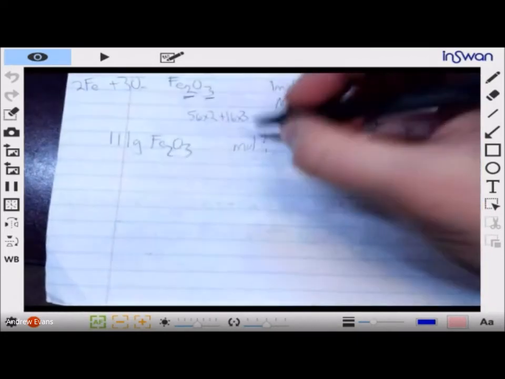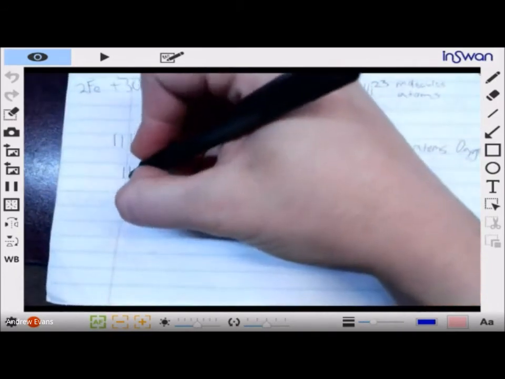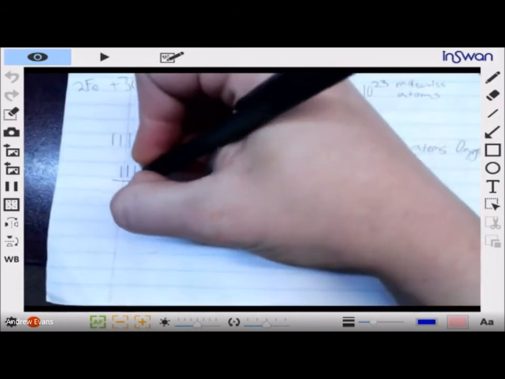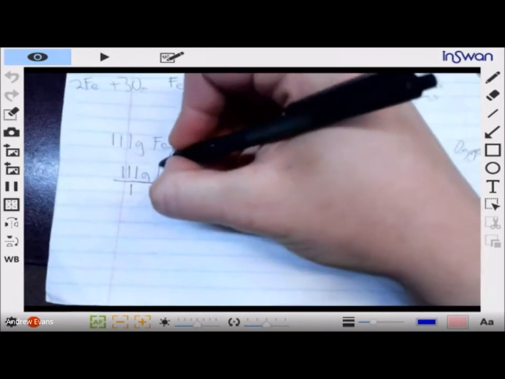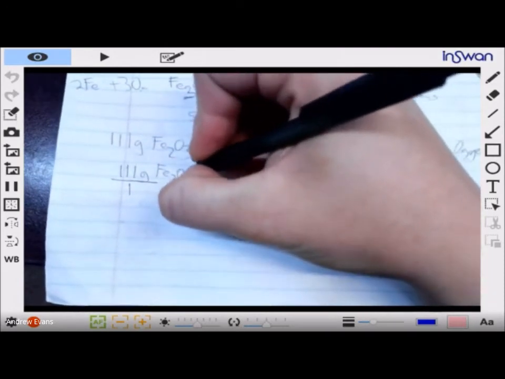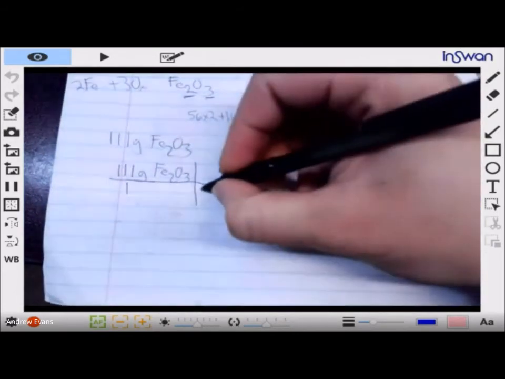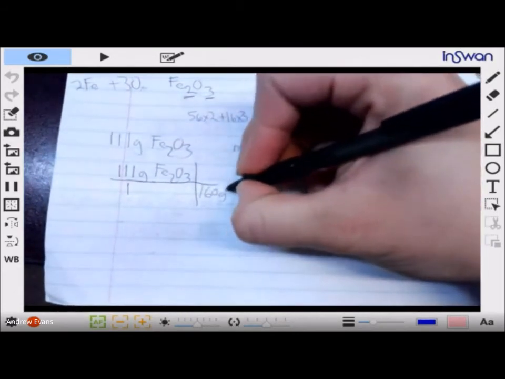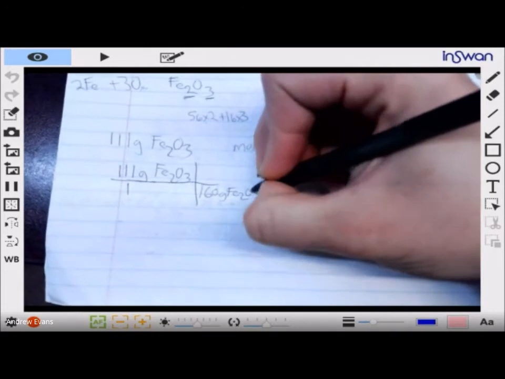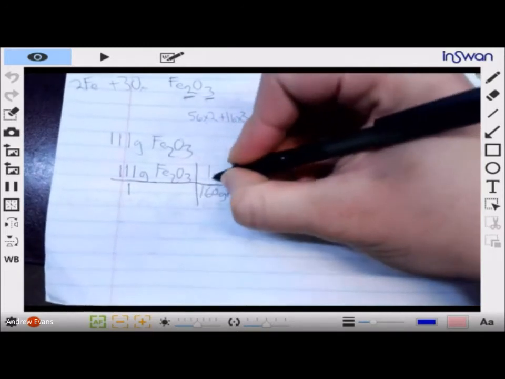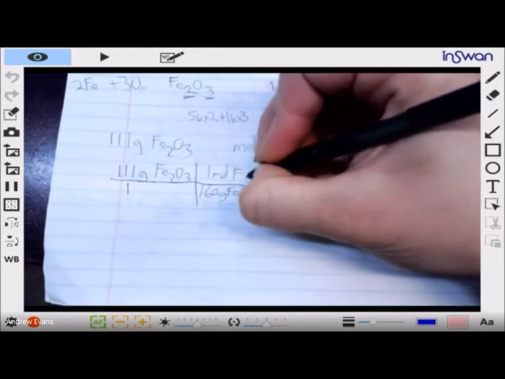So first question, moles of iron oxide. I would set usually my first number over 1: 111 grams of iron oxide. Our molar mass is 160 grams of iron oxide within 1 mole of iron oxide.